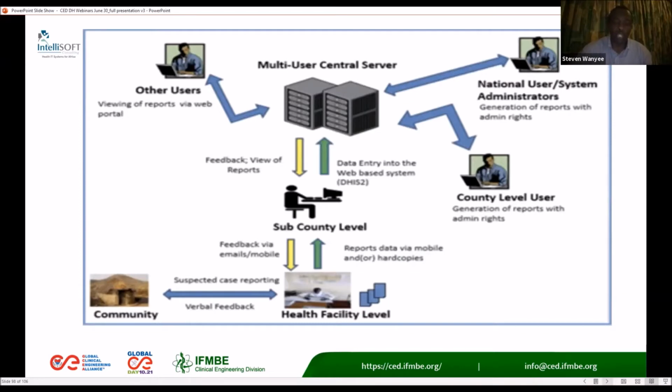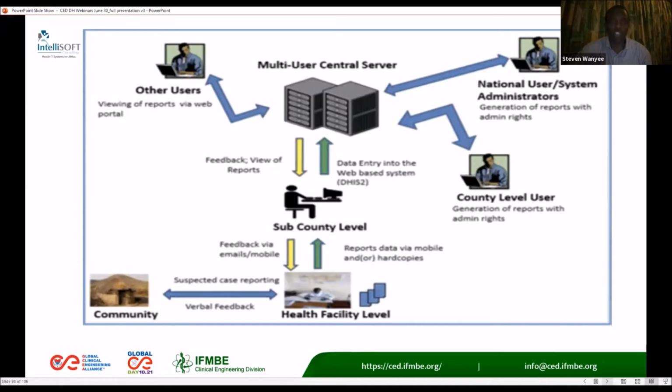Then typically a bunch of facilities are clustered around a sub-county. A sub-county is a political geographical jurisdiction that is governed right from the national level. Above the sub-county, you have a couple of sub-counties which belong to one county and then to the national government.